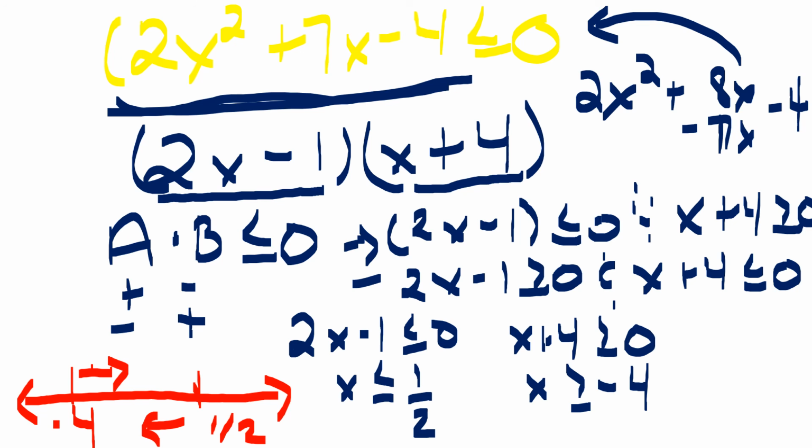The answer is yes. So you're just going to go ahead and graph this as having an x value in between -4 and 1/2. And since it's less than or equal to 1/2, it's going to be a closed circle. And since it's greater than or equal to -4, it's going to be a closed circle. Okay?